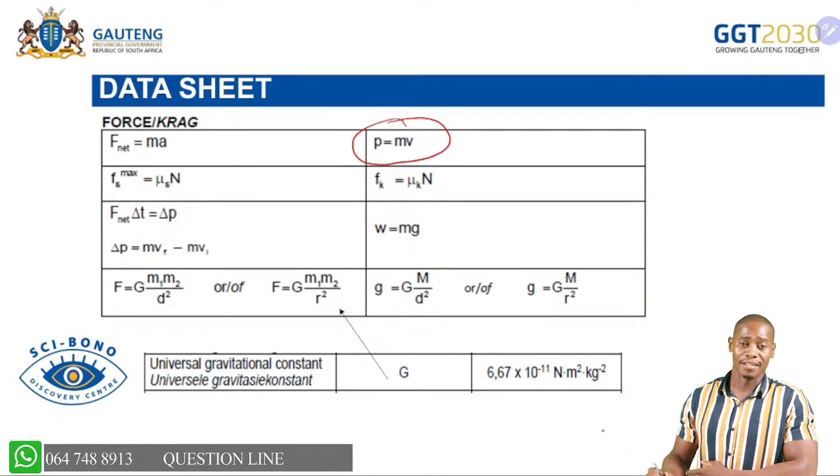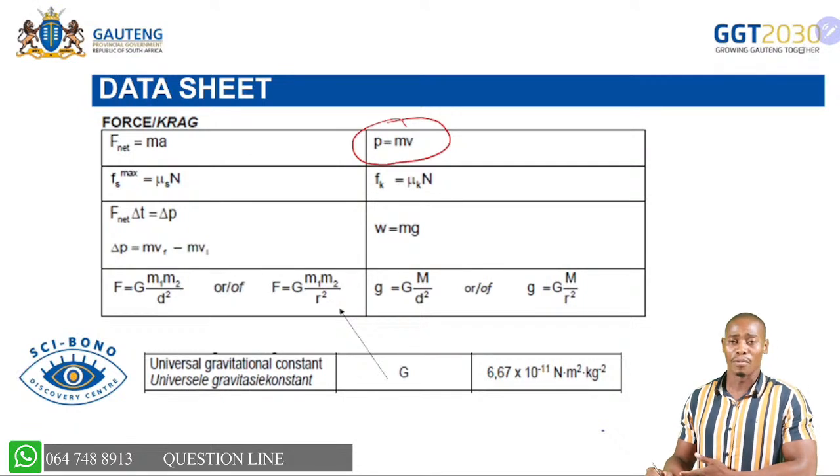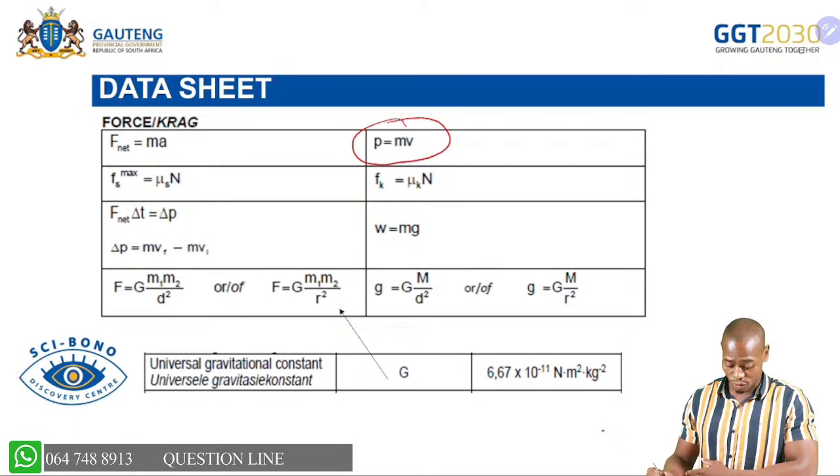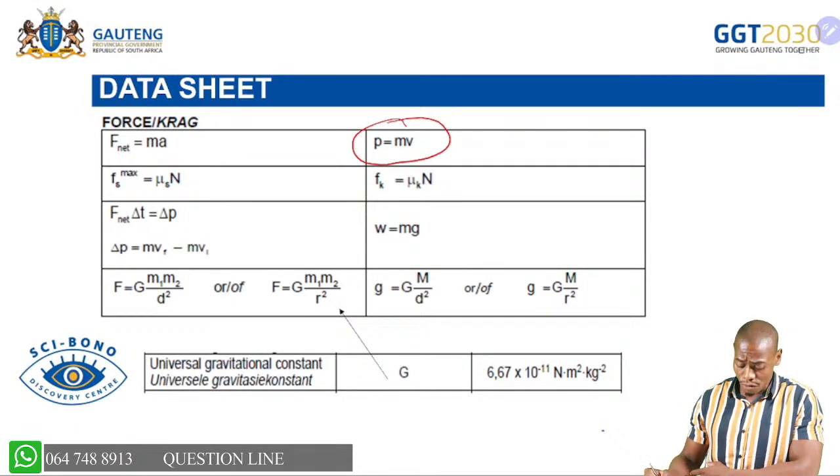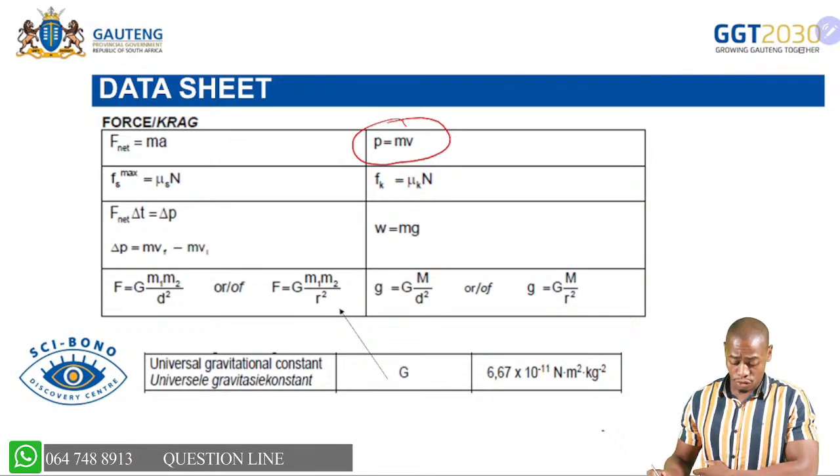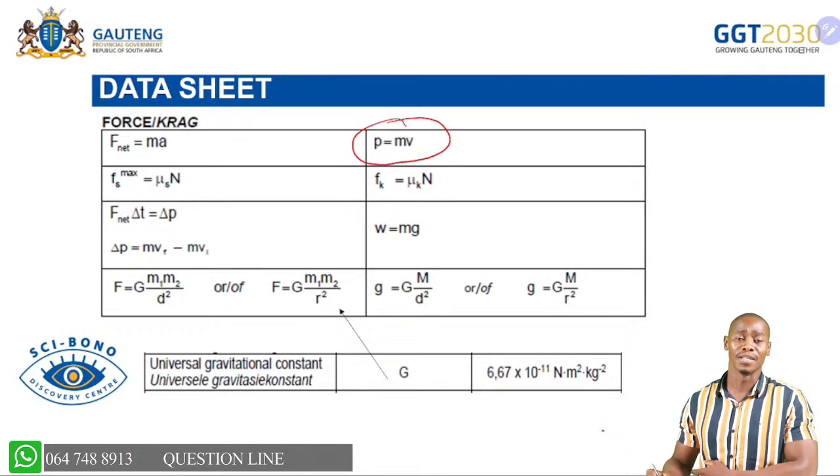Then m is mass in kilograms. In a case where you are given mass in grams, you need to convert that to kilograms, and you should know how to convert. We just divide by 1000 to convert from grams to kilograms. Velocity is in meters per second.